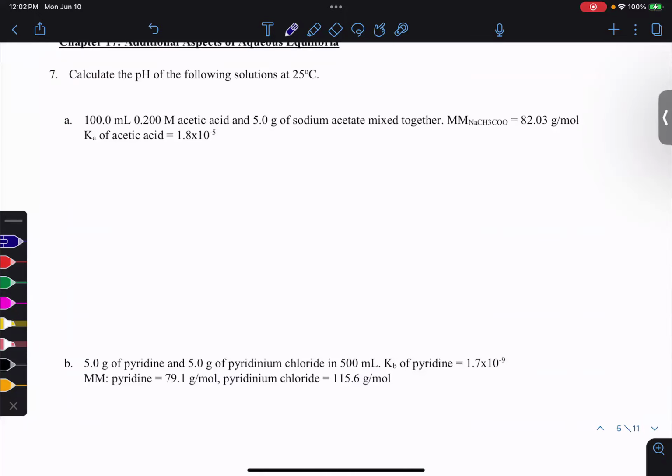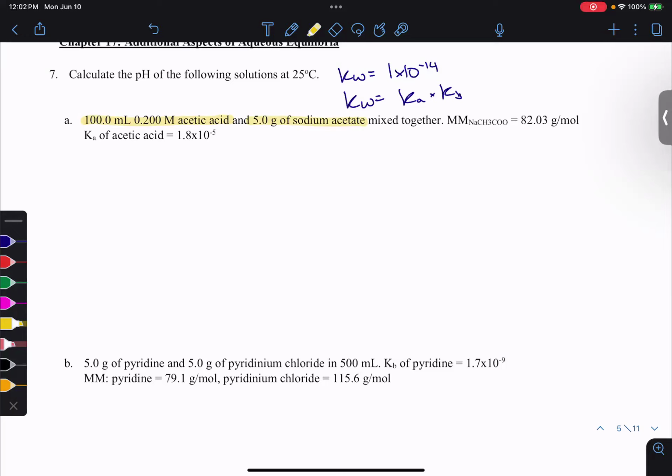Okay. So let's calculate the pH of the following solutions. Assume always 25 degrees Celsius. That's important because that means we know that Kw is equal to 1 times 10 to the negative 14 for all of these. That's important because Kw is equal to Ka times Kb for a conjugate acid-base pair. Okay, so let's calculate the pH of mixing 100 milliliters of acetic acid and 5 grams of sodium acetate.